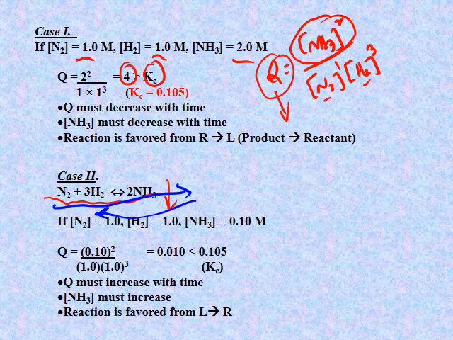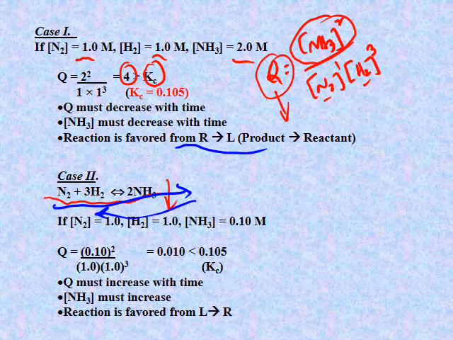And that's why ammonia concentration is going down. So Q value going down means reaction is favorably or more prominently happening from right to the left. So that's why reaction will be favored right to the left. So Q value tells us which direction of reaction will be favored. Let's try another example.